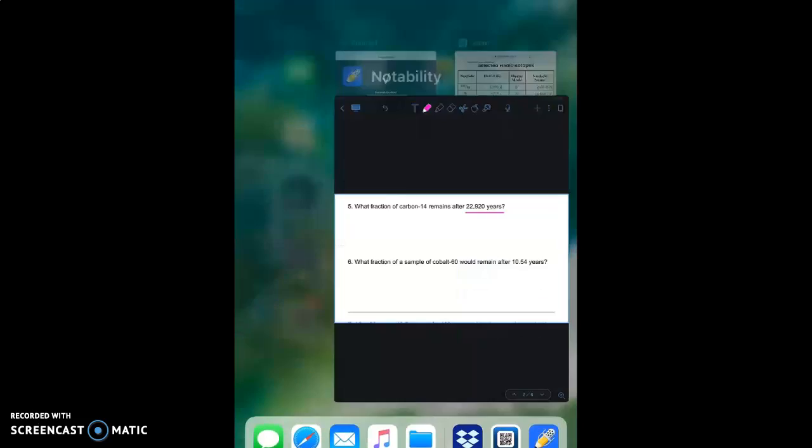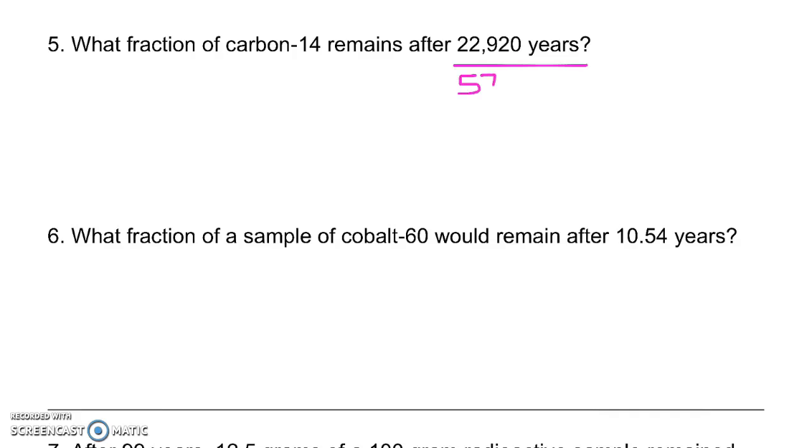So if I divide 22,920 by 5,715 years, I get 4. So 4 half-lives went by, right? So I'm going to set up my chart.